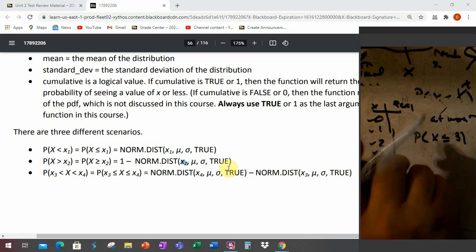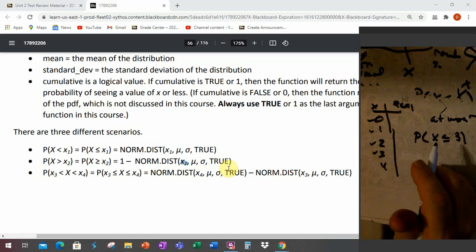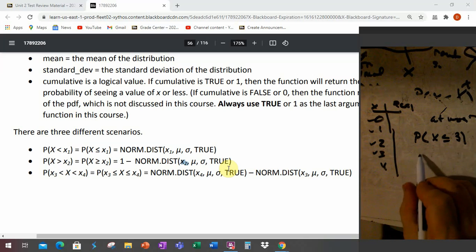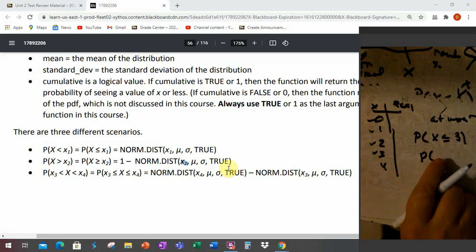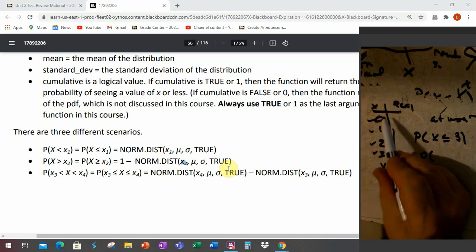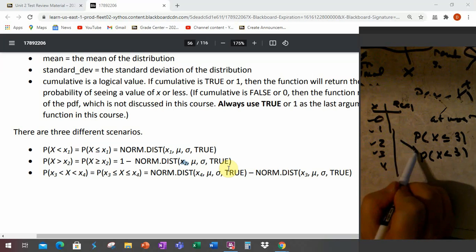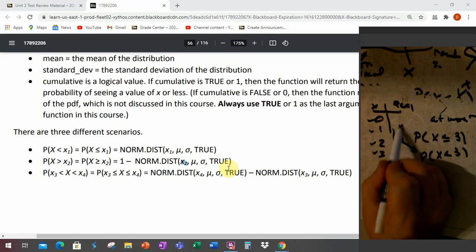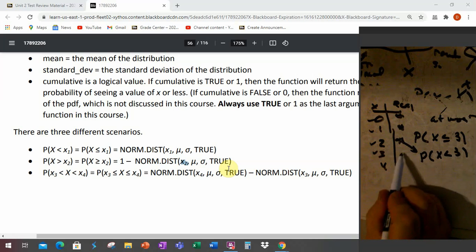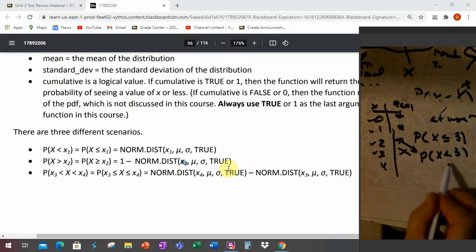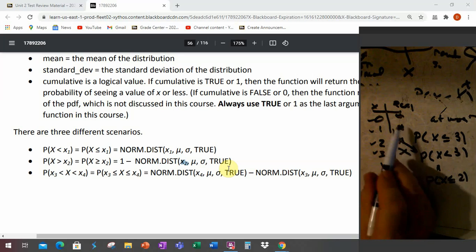So you want to add up those. If it said, what's the probability that it would be less than 3? This you would only do 2, 1, 0. You would not do this one. You have to say this is the same thing as x less than or equal to 2, and then start adding up the probabilities.